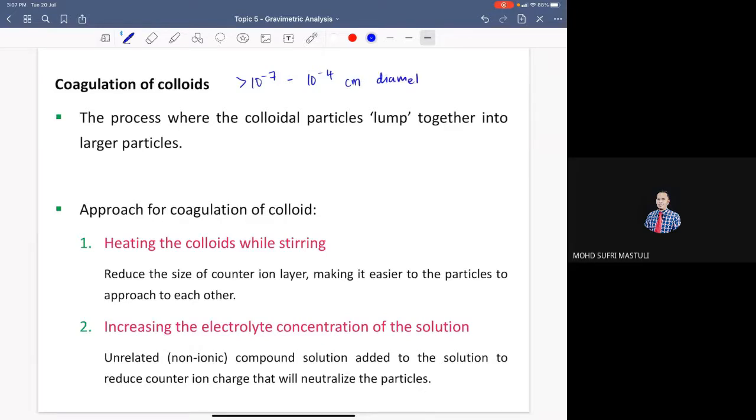The coagulation of colloidal is the process where the colloidal particles lump together. So during the coagulation, the colloidal particles will lump together to form larger particles.